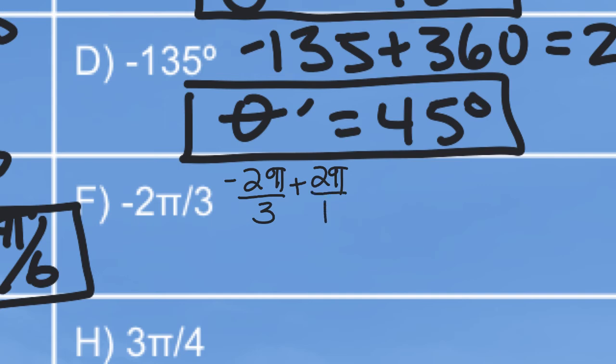It's just like adding 360 degrees to get it to be positive, because 360 degrees is the same thing as 2 pi. Well, when we add fractions, we have to make sure they have common denominators. Negative 2 pi over 3 plus 6 pi over 3 is 4 pi over 3.